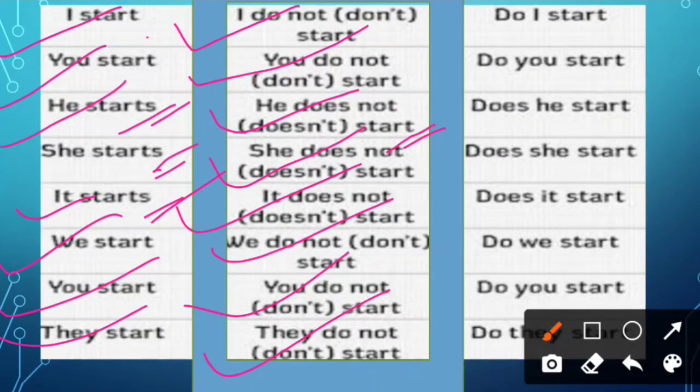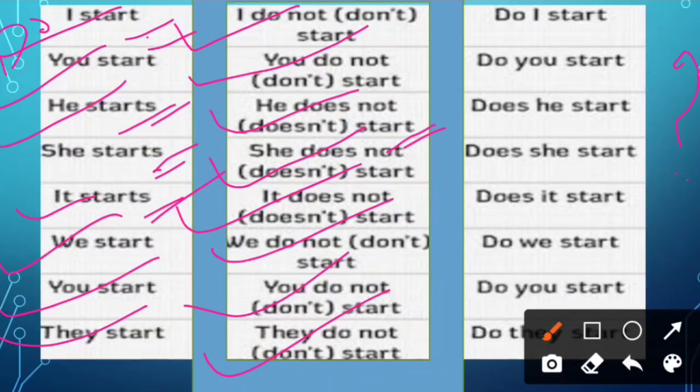Or if we want to convert this sentence into an interrogative sentence, then do will come first. Do I start? Do I start reading a book? Do I start to play the cricket match? Do I start a new business?